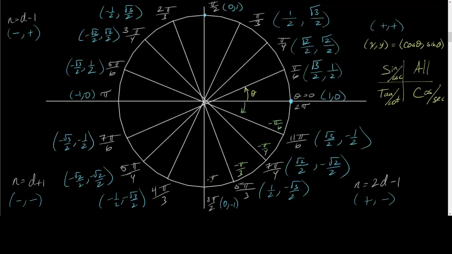This would be negative pi over 2. This would be negative 2 pi over 3, so on and so forth. Negative 3 pi over 4, negative 5 pi over 6, negative pi. Negative 7 pi over 6, negative 5 pi over 4, negative 4 pi over 3, negative 3 pi over 2, negative 5 pi over 3, negative 7 pi over 4, and finally negative 11 pi over 6.